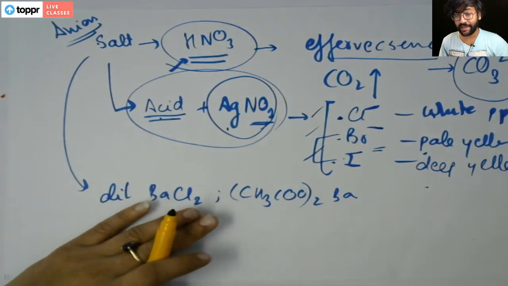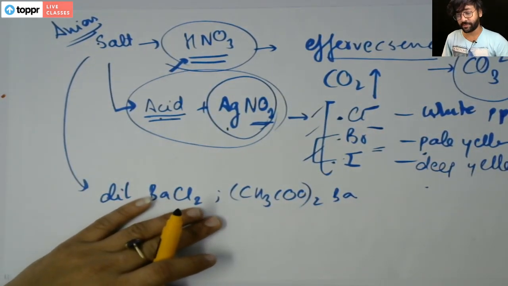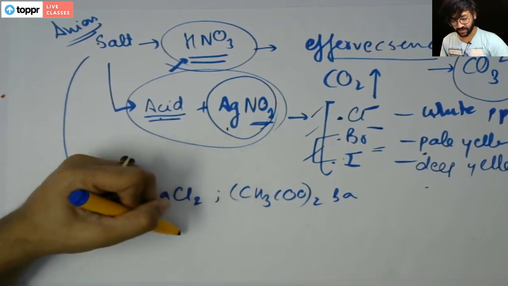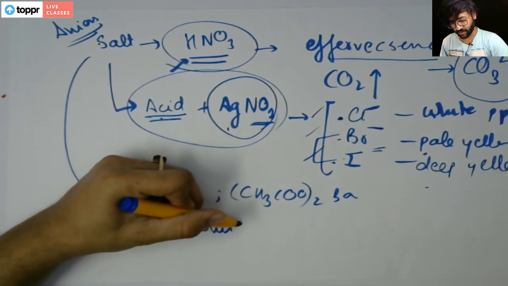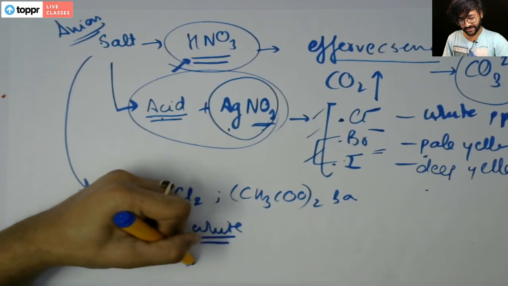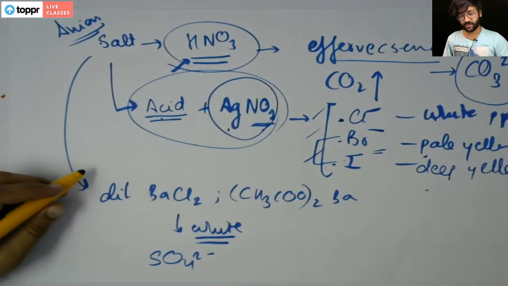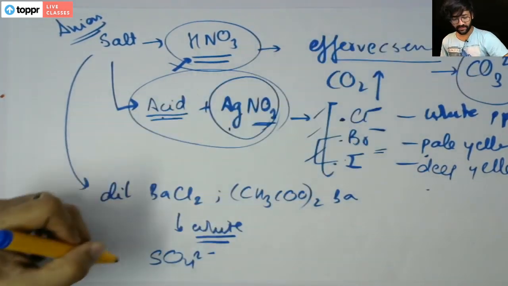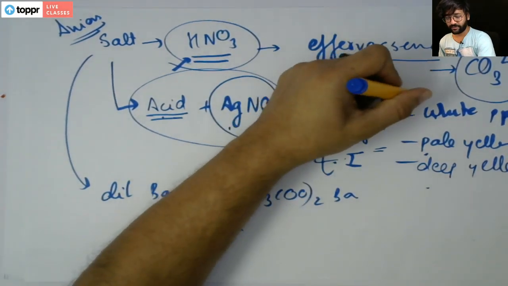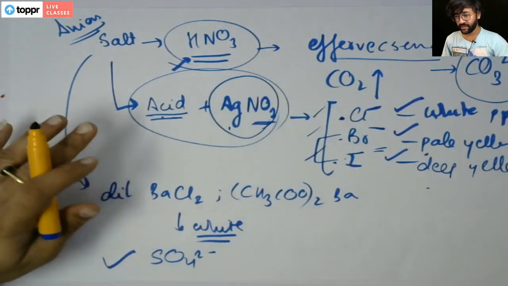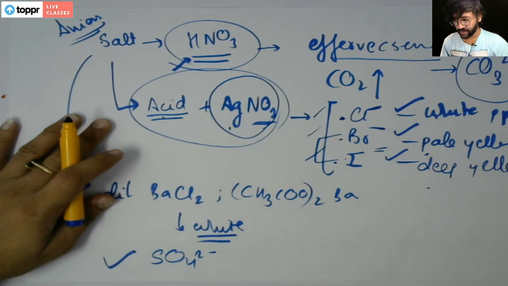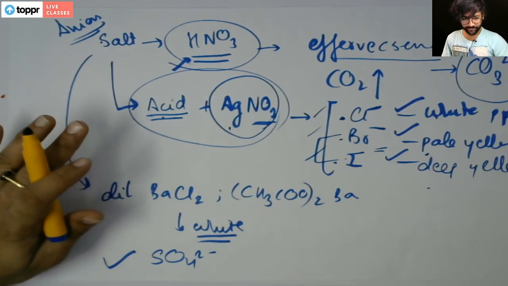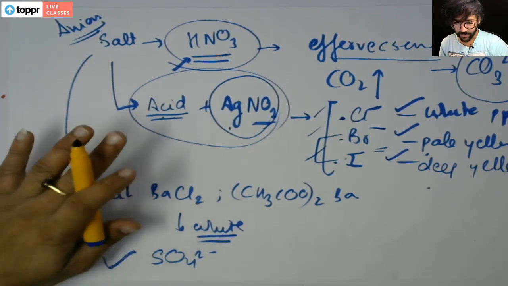Now with barium, if it gives a white PPT, then we know it's a sulfate. So we've learned carbonate, sulfate, and then chloride, bromide and iodide. These ones are quite important, so you have to remember all of these.